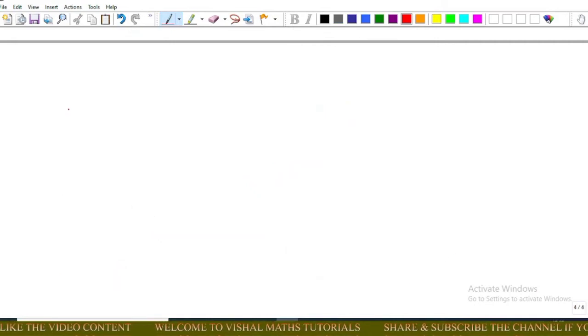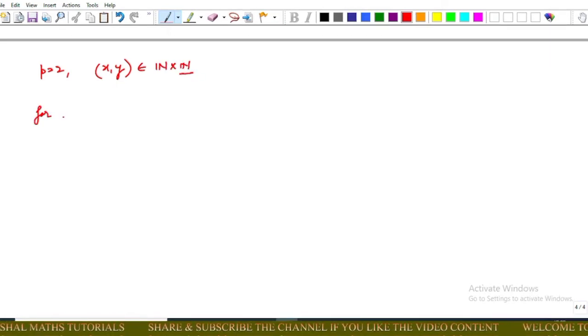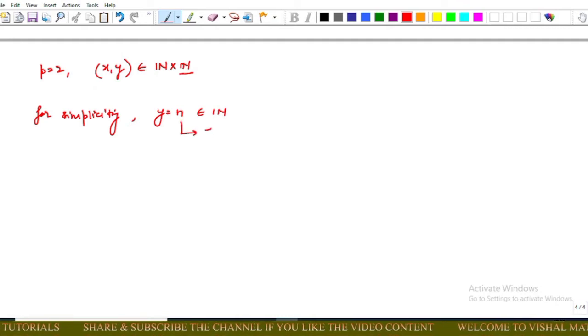As p equals 2, x, y belong to N cross N. For simplicity, let y equal n, which belongs to the set of natural numbers, and this is a fixed number.